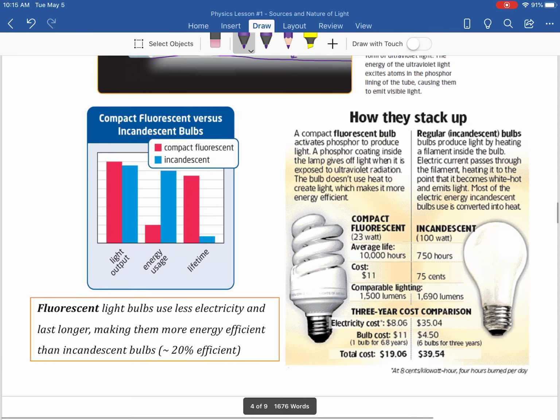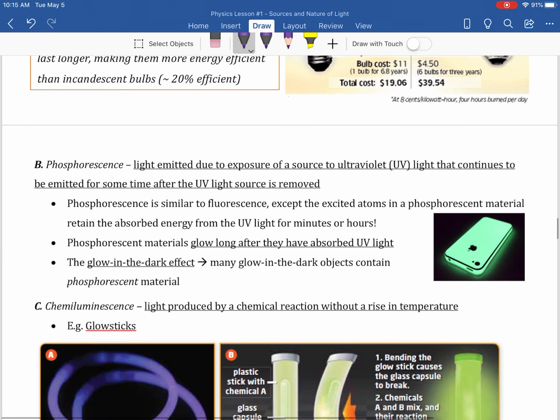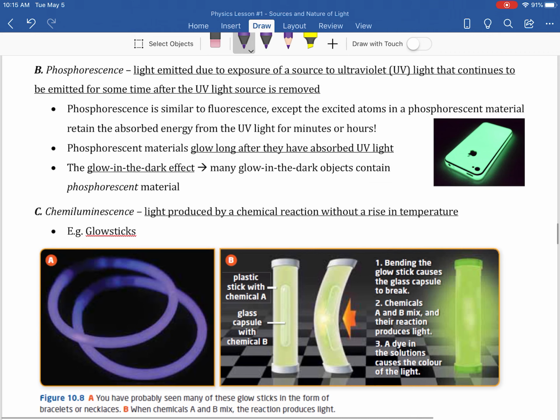Okay, moving on. The next one is phosphorescence. So once again, it has to do with light given off after exposure to UV light, but the difference between phosphorescence and fluorescence is that phosphorescence, that light sticks around for a lot longer after the UV light is gone.